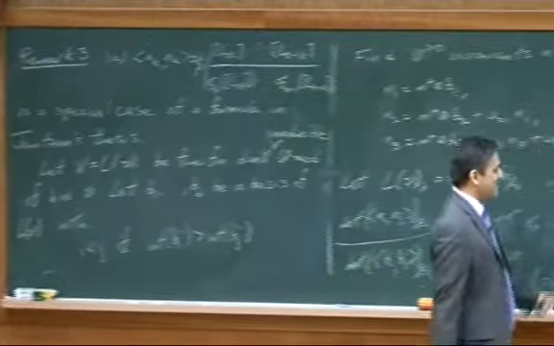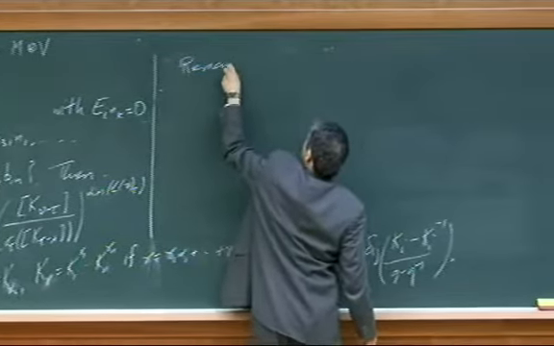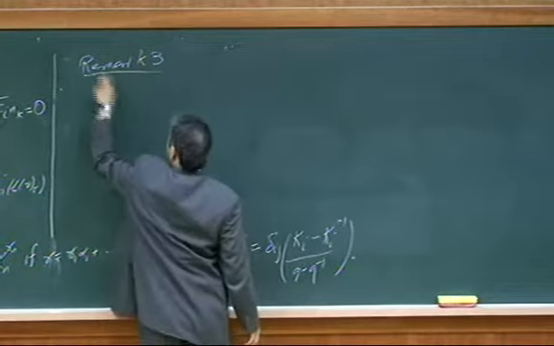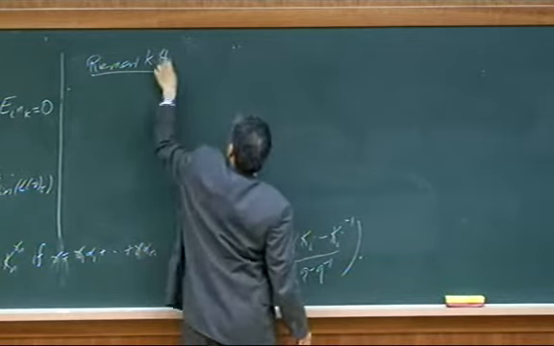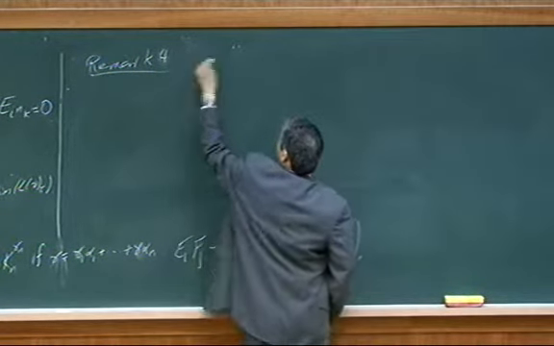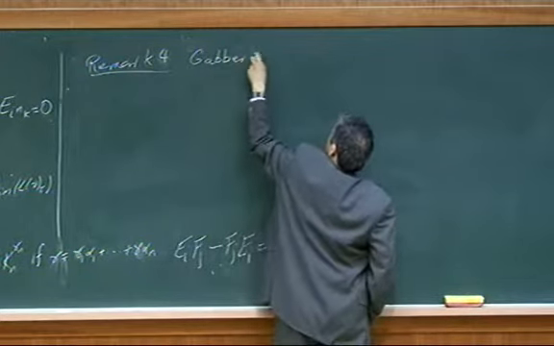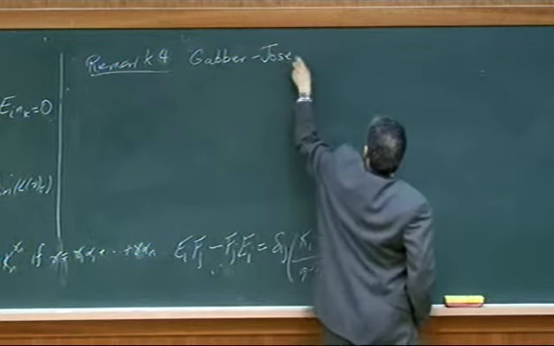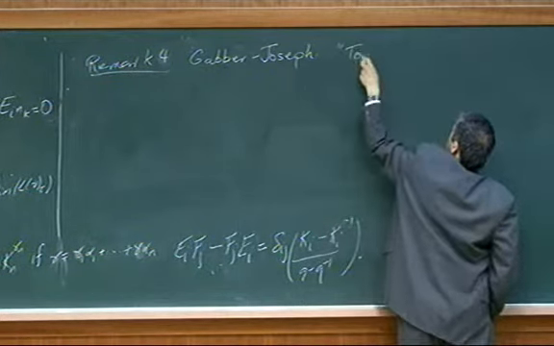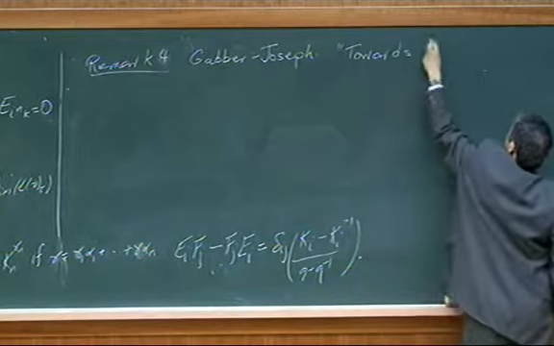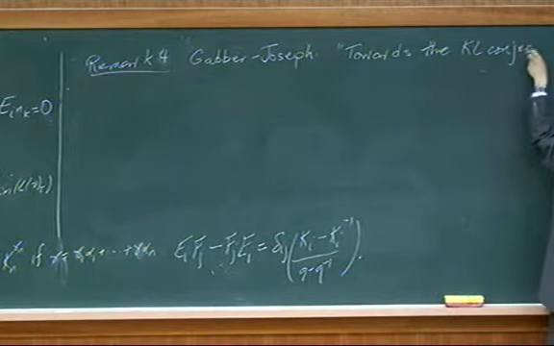And I will finish with, in fact, the motivation for me, this is remark 4, I guess, was that I was trying to understand this Gabber-Joseph story, which is towards the Kazhdan-Lusztig conjecture.